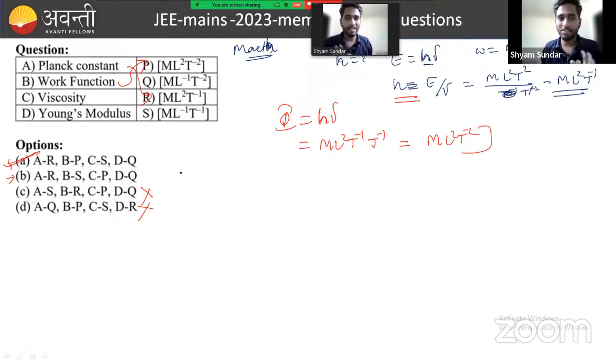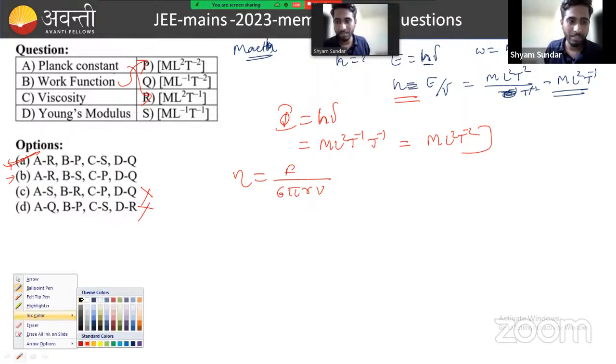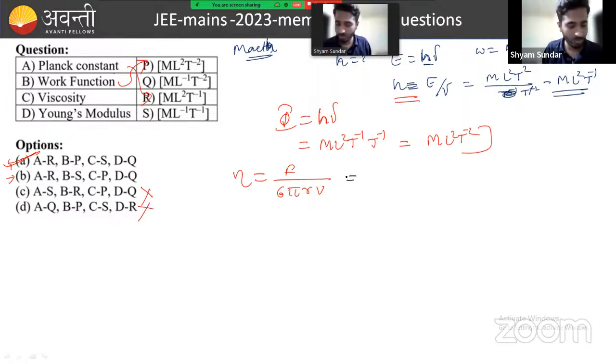Right? And next to that, viscosity. Might be you know that. Coefficient of viscosity, you know that, guys? Coefficient of viscosity in fluid mechanics, eta is equals to force divided by 6 pi r v. Do you know this one? Here F means force.